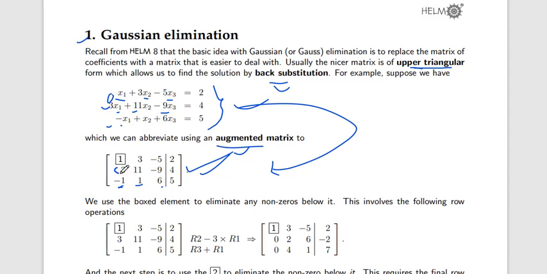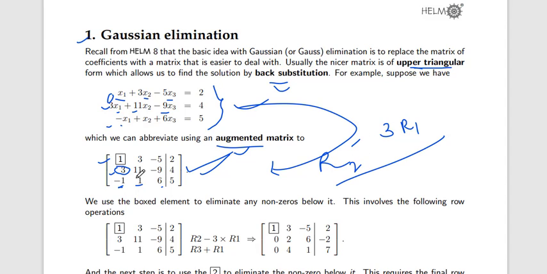Now, how do we do this? To make 3 into 0, we multiply the first row by 3 and take the difference, R2 minus 3R1.